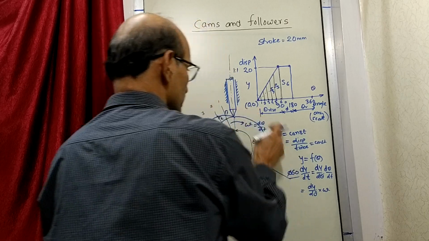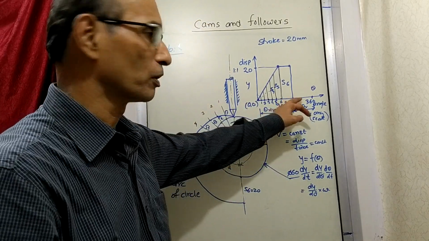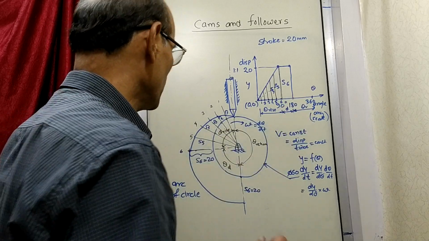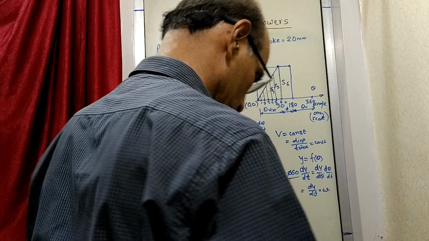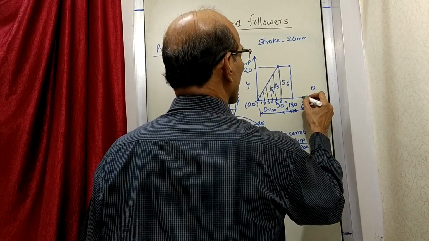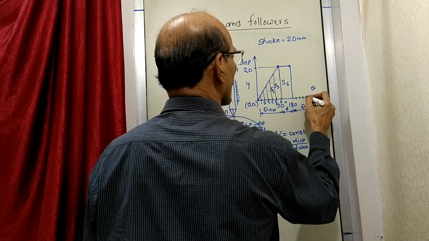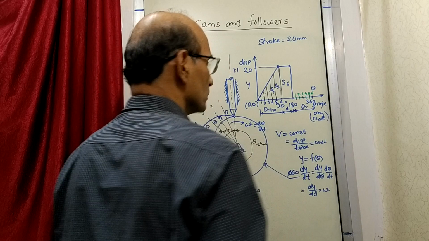This 180 degrees you have to divide into the same number of parts as before. Suppose I divide this again into 6 parts: one, two, three, 4, 5 and 6.